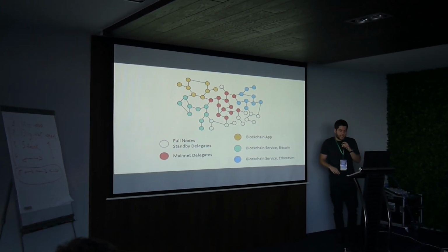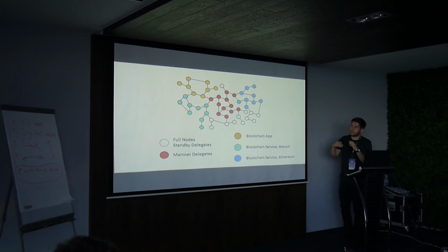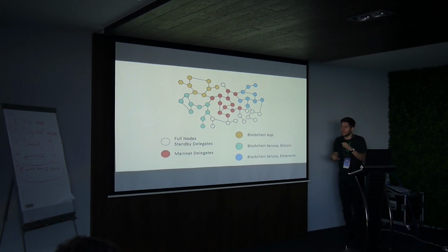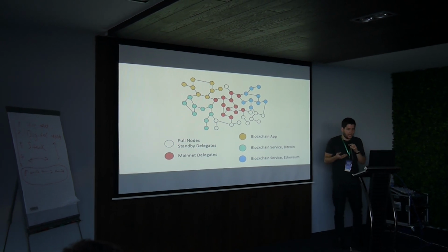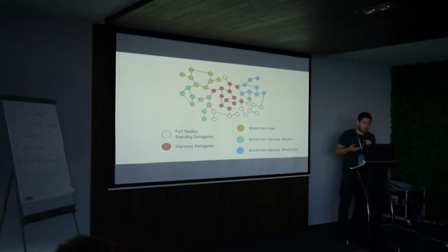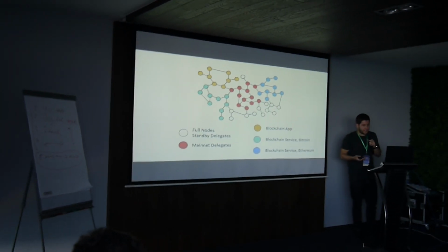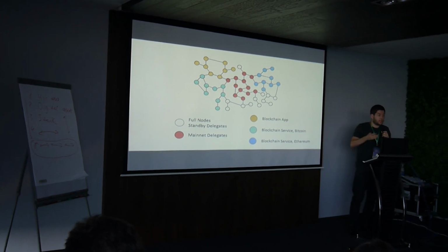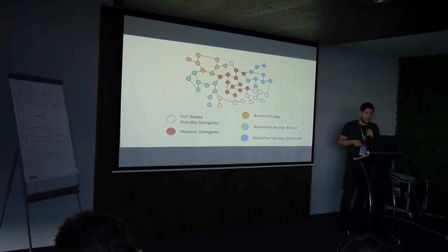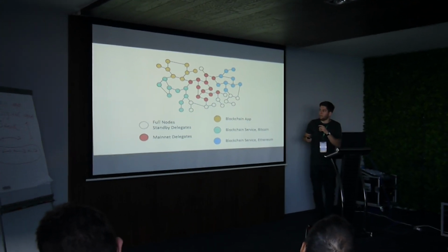And sometimes you need to have very specific specifications for your node. So let's say your blockchain app integrates Ethereum for the computation of smart contracts, or it integrates IPFS in order to store images, because you can't do that on the blockchain itself. So you have requirements for the delegates.